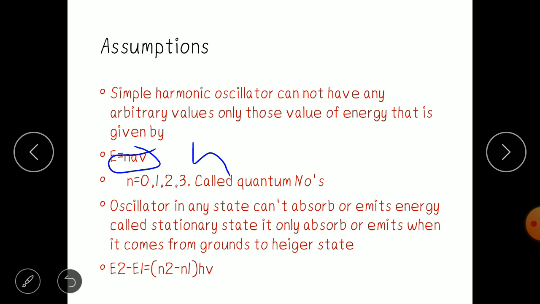It absorbs energy when it jumps from a lower state to a higher state, and it emits energy when it comes from a higher state to a lower state, okay. So absorption and emission take place only when it goes from one energy state to another energy state, okay. So that is E2 minus E1, okay.